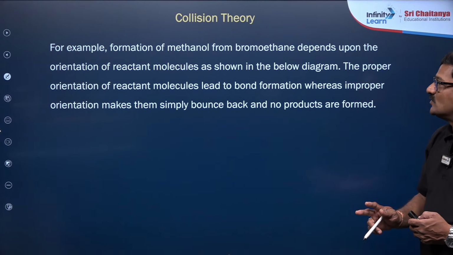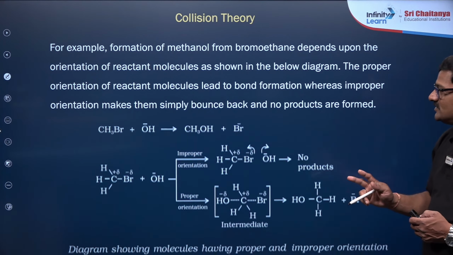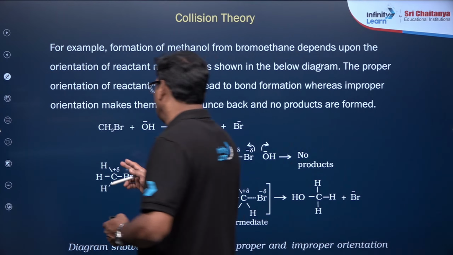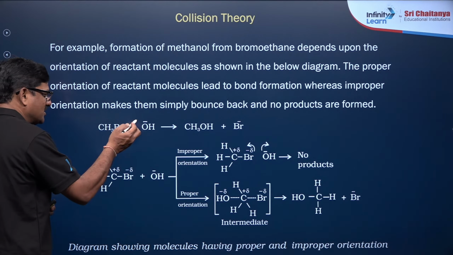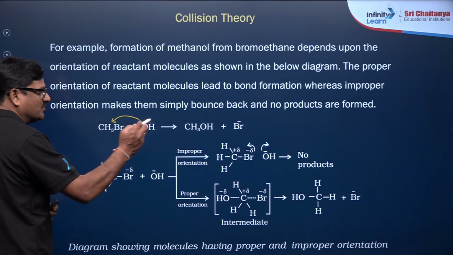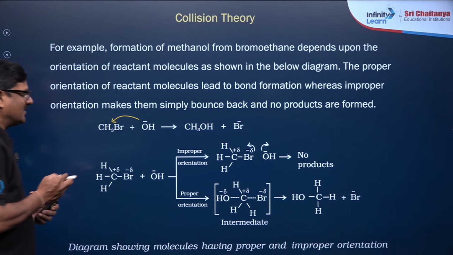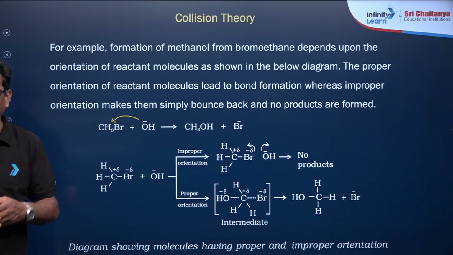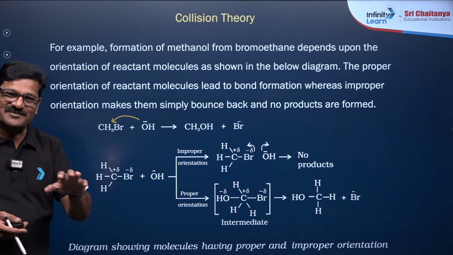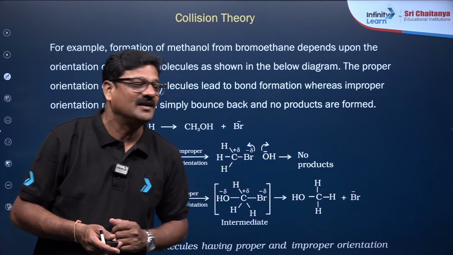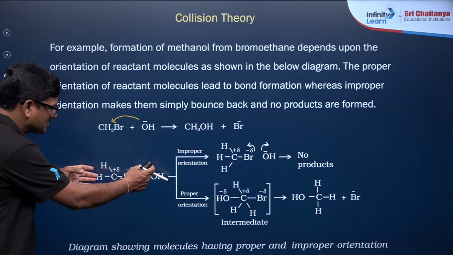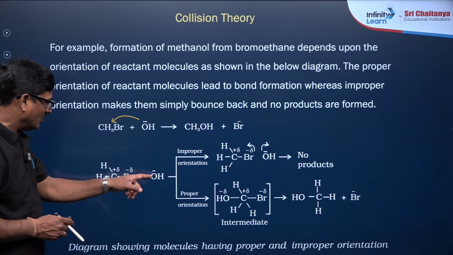You can see in the collision theory the formation of methanol. Methyl bromide and OH are going to make a collision to give rise to methanol. It is an SN2 reaction, organic chemistry. So organic is also going on in physical chemistry. Now we can see these molecules colliding in this way.